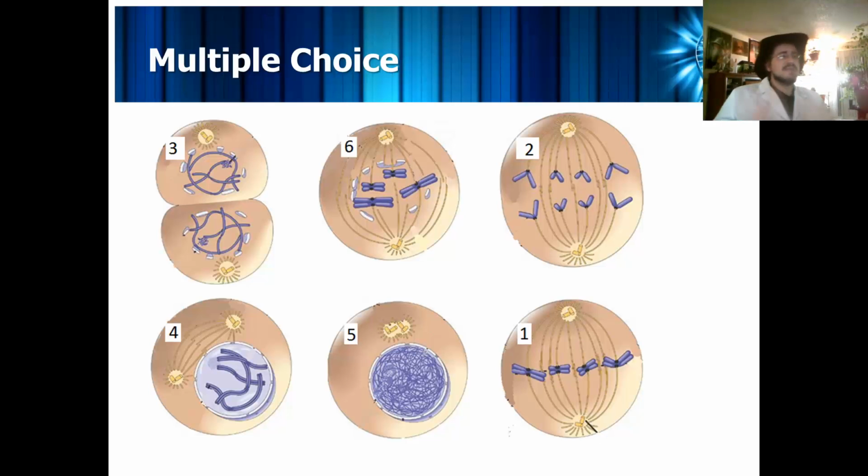Who wants to give me the answer? Yes, you over there with facial hair. Correct. That's right. 6. Okay, so it goes G2 here at 5, prophase here at 4, prometaphase here at 6. Now we just need metaphase, anaphase, and telophase.